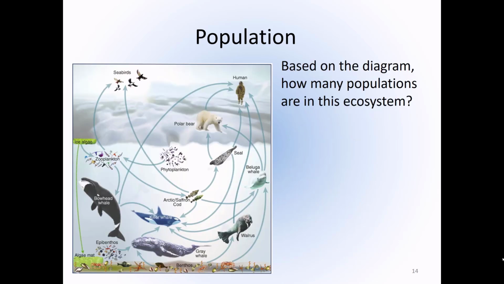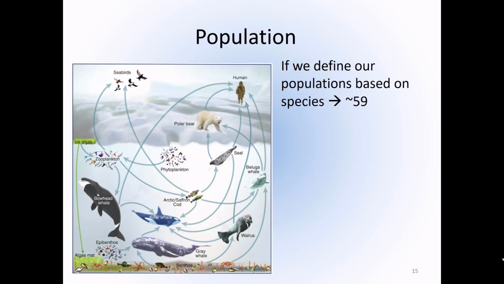Now, to illustrate the point that we can have variability in our populations and how we define them, we can look at this relatively simple food web diagram from the Arctic. And we can then count the different organisms, and we can define how many different populations we have in this respective ecosystem.